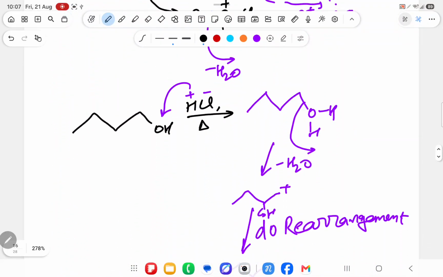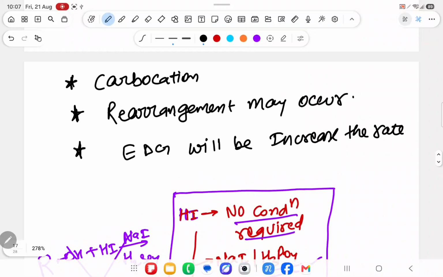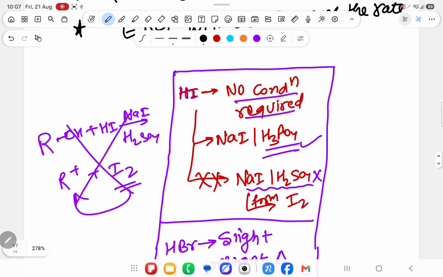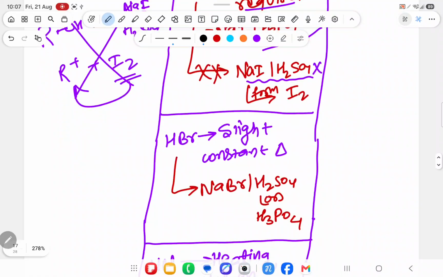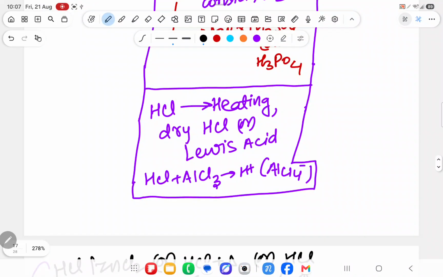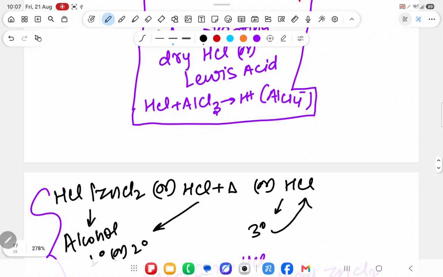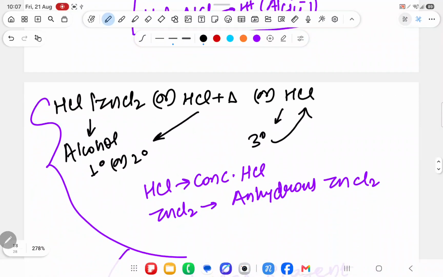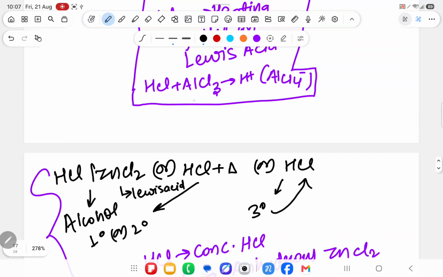HX is this one: carbocation forming, SN1 coming, electron donating group will increase. HI has no condition, don't use H2SO4. HBr has slight heat, and HCl has heating and dry HCl plus Lewis acid. HCl plus ZnCl2 you will take. ZnCl2 is a Lewis acid. Same part I am dictating of HCl.